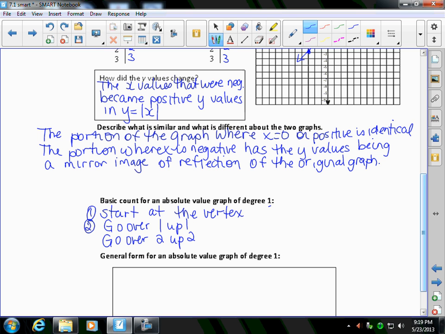And then you go over 3, up 3, and so on. So instead of being squared like we did in quadratic functions, for the up value we are just going by power of 1.